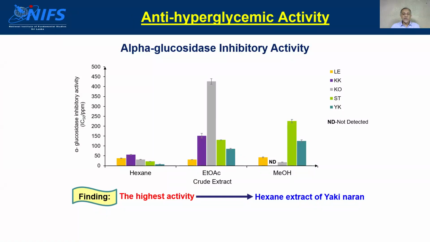After investigating the antioxidant activities, we now move on to alpha glucosidase inhibitory activity. We checked all 3 extracts for this activity. The highest activity was detected for the hexane extract of Yakinaran.